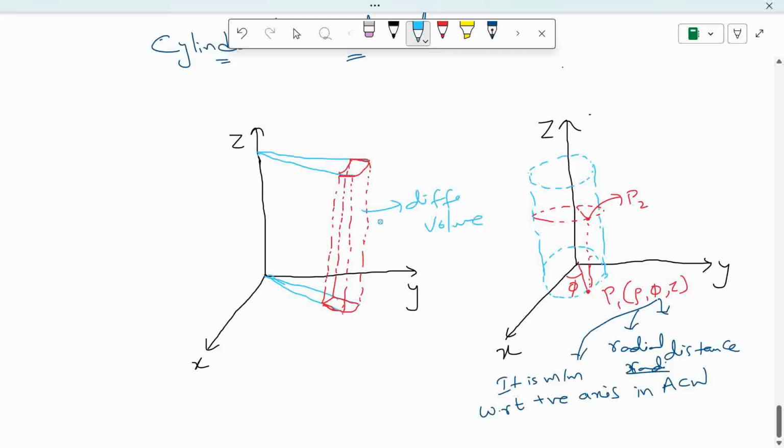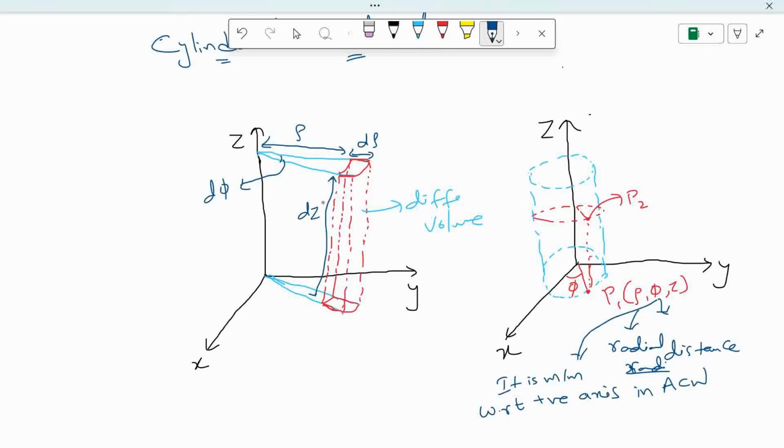This length is d rho, and from here to here it is rho, and this angle is d phi, and the height from here to here is dz.